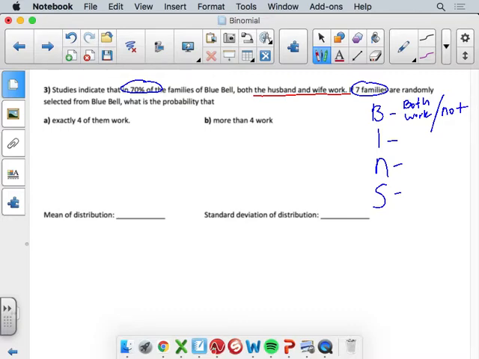Are the events independent? This is always where you have to assume: do you think that 7 is less than 10% of couples in Bluebell? So do we think that there's more than 70 couples in this town? You have to assume, we have no idea where Bluebell is.